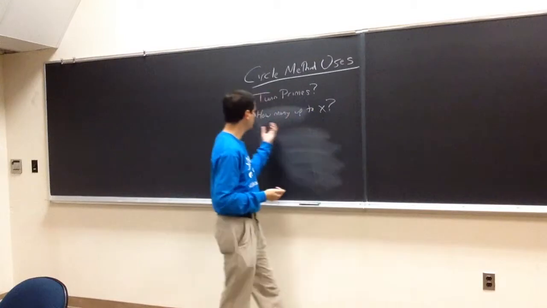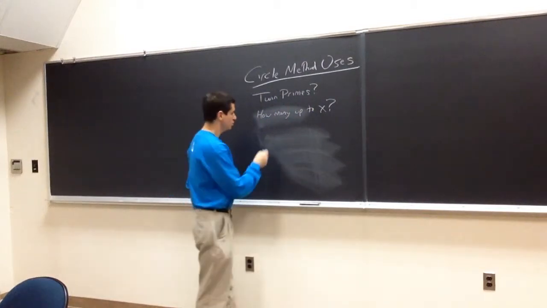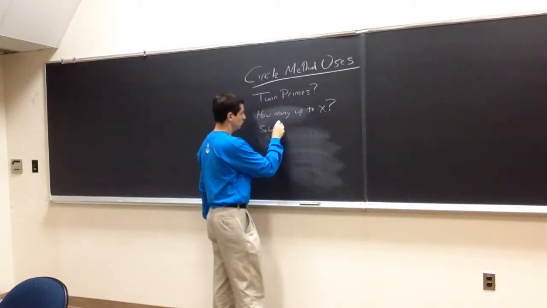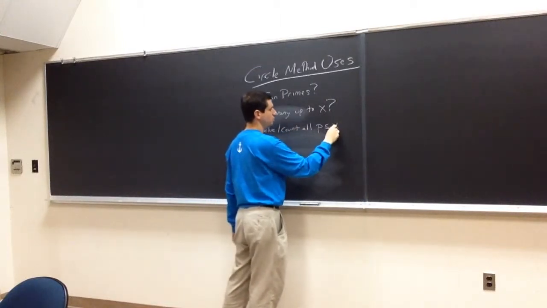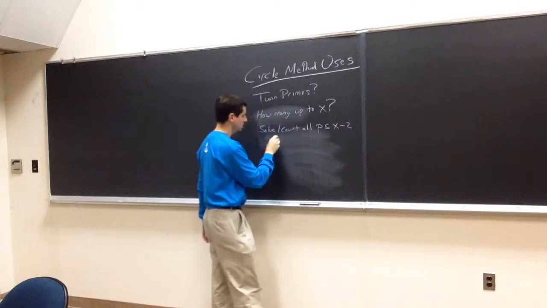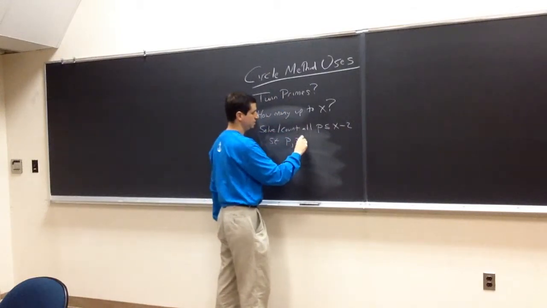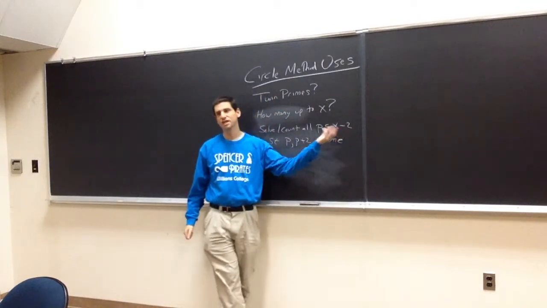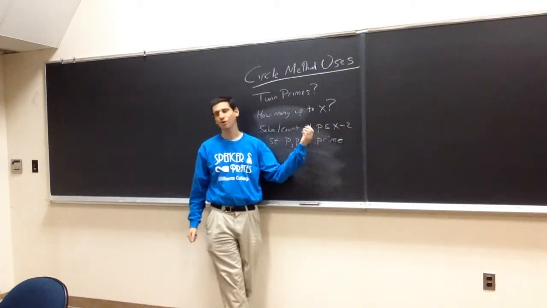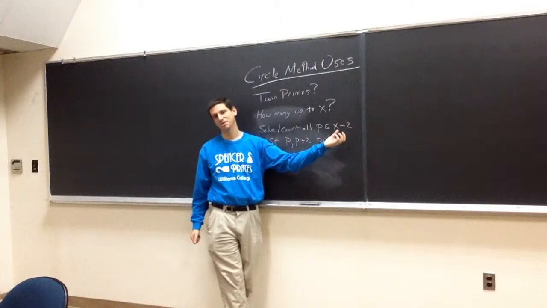So now for twin primes, we want to know how many up to x. So we want to solve or count all p less than or equal to x minus 2 such that p and p plus 2 are prime. When you're doing something like this, it could be a little bit annoying. Are we counting all primes up to x, all primes up to x minus 2?